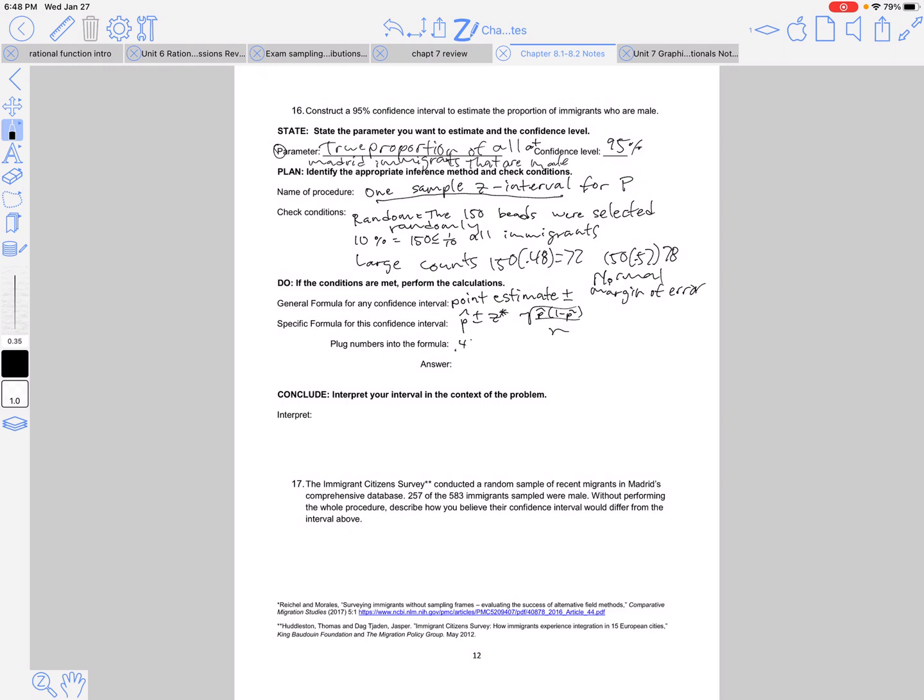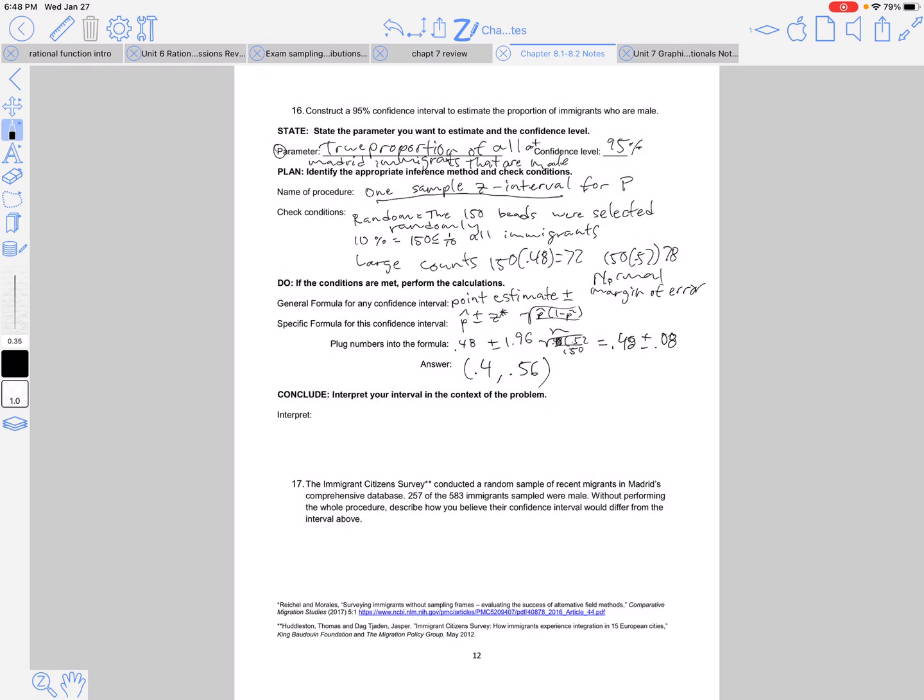And so then we'll plug in those numbers: 0.48 times 0.52 divided by 150. And that's going to be 0.48 plus or minus 0.08, and then do those calculations. And that is our confidence interval.